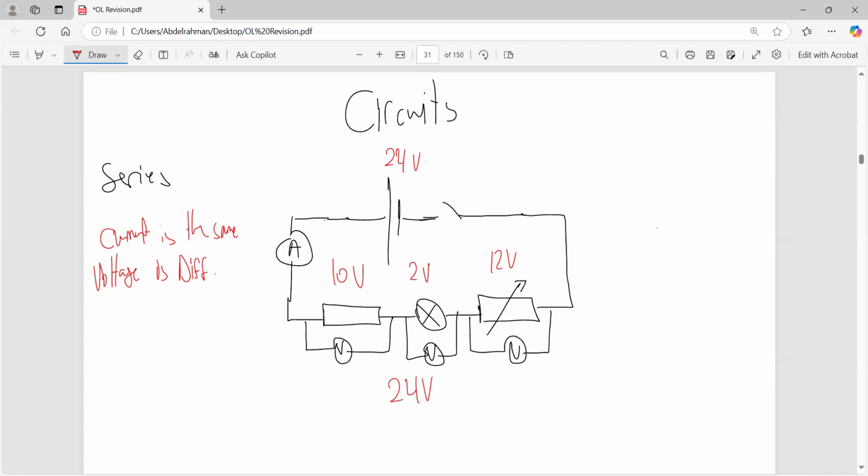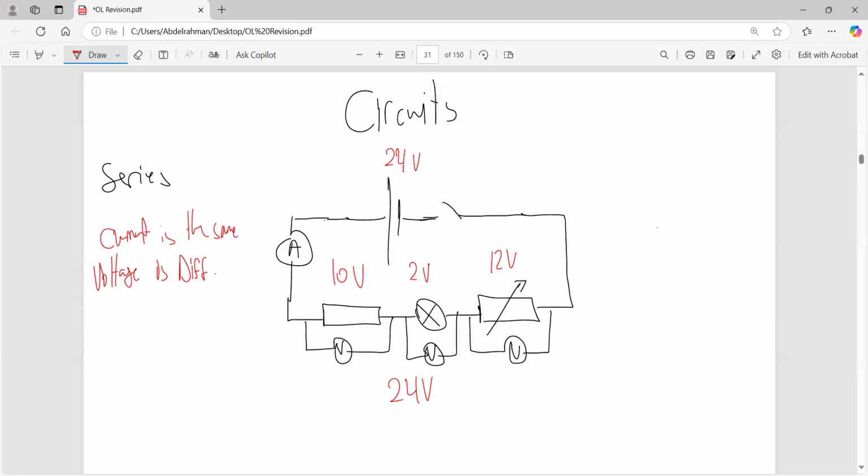So there's a huge difference between what happens to the voltage and what happens to the current. The voltage is divided, so it's different for each component, but the current is the same across the whole circuit.